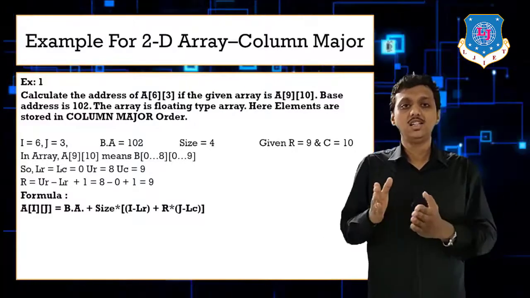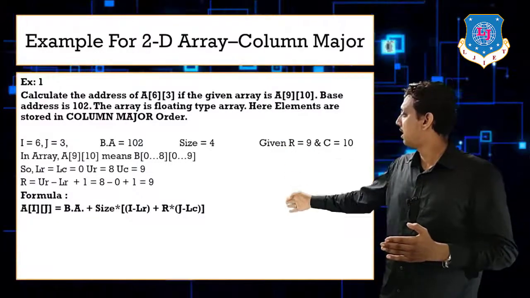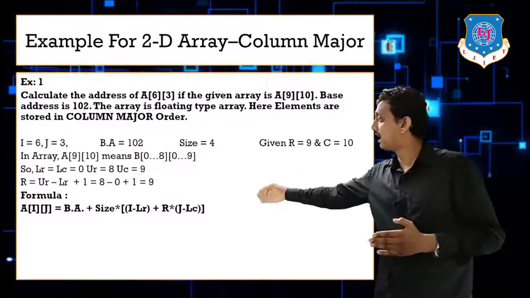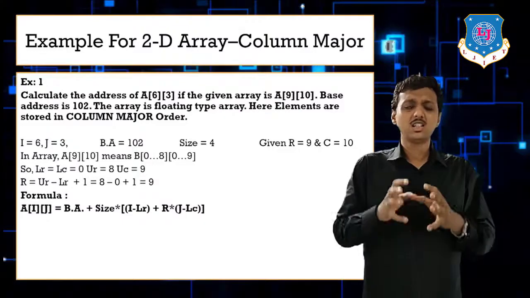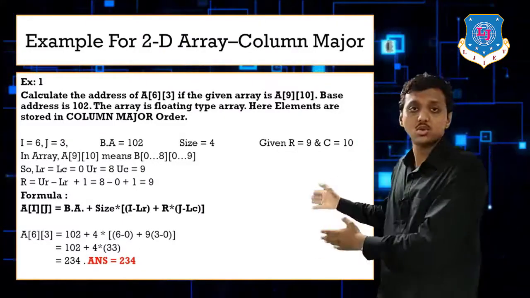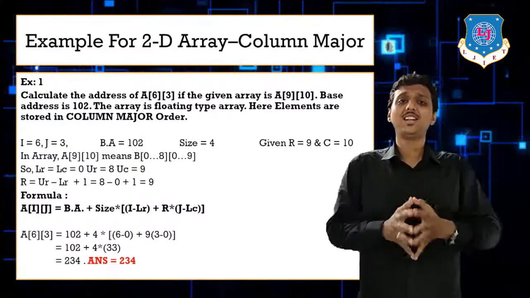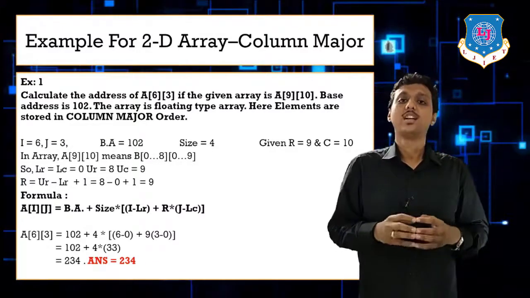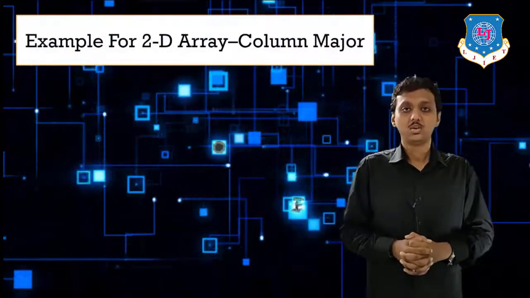A of ij is equal to base address plus size multiplied by I minus LR plus R into J minus LC. Fine. So according to the formula, we just need to put in the data and get the answer. Students, your answer is 234. So the exact address of A of 6, 3 is 234. Now let's take the last example of today's lecture.